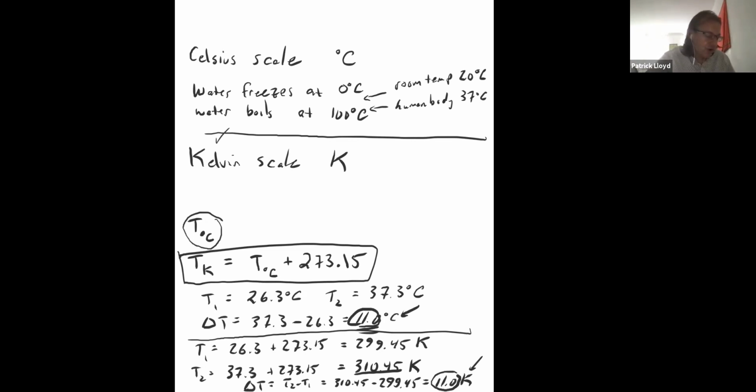So what you can do when you do this problem is just leave it in Celsius. You're going to get the same answers you would in Kelvin, because when you're looking at differences, these two cancel each other, right? You're adding this, but then you're taking the difference, so you're subtracting it, and so the big offset disappears. So you get the same number.